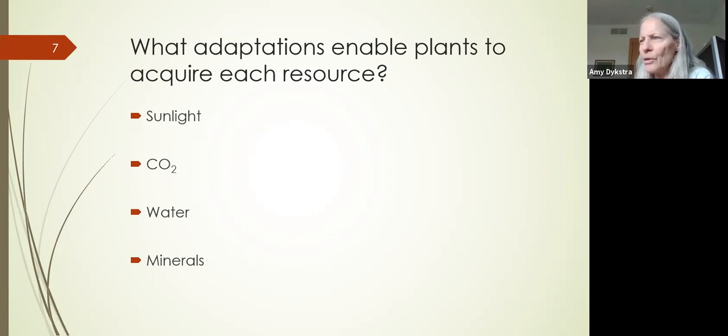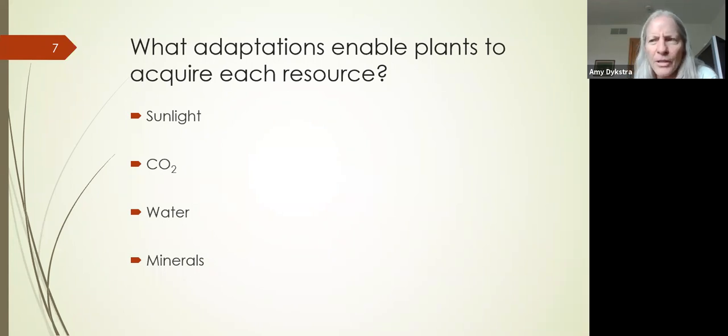Okay, so in case you don't know what I'm looking for, one person put larger leaves. So a big leaf would give the plant the ability to capture a lot of sunlight. Okay, good. I'm getting lots of good answers here.